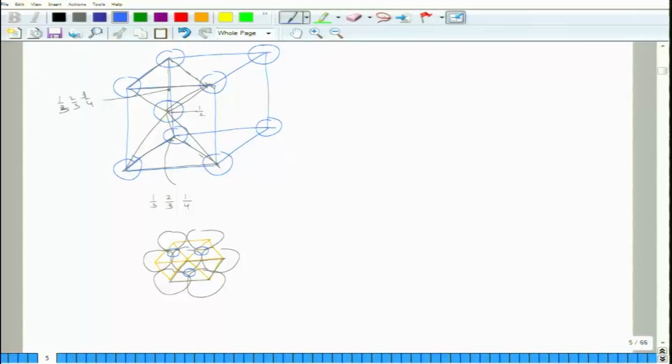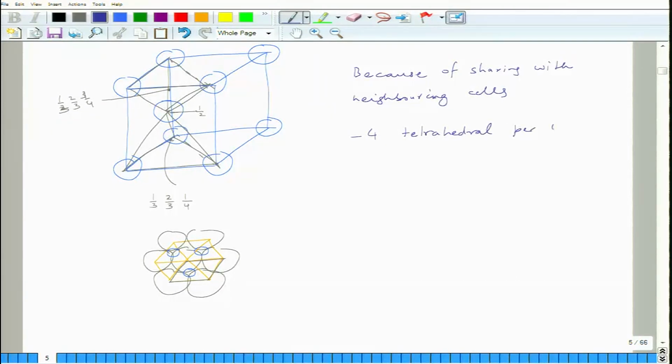So, as a result, because of sharing with the neighbors, just like in FCC, we have 4 tetrahedral voids per unit cell, and each unit cell has 2 atoms.